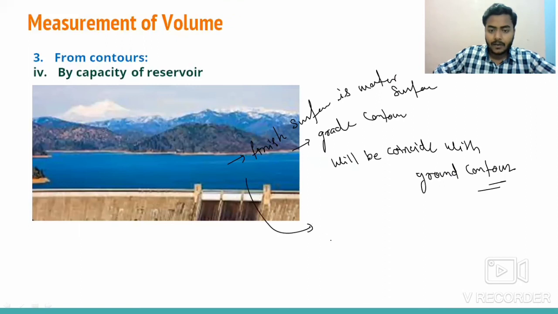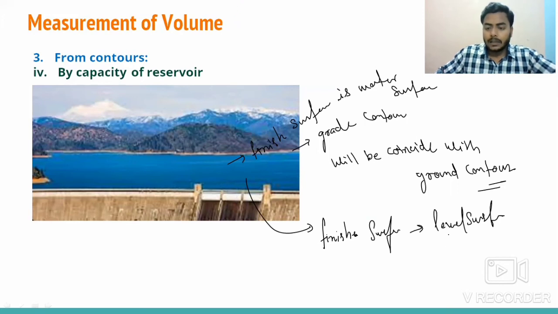And we know that water surface truly represents a level surface. So in this case, we can say that the finished surface is nothing but a level surface. And level surface means on this surface the reduced level will be equal, elevation will be equal, and a line joining the points of equal elevation is called a contour.